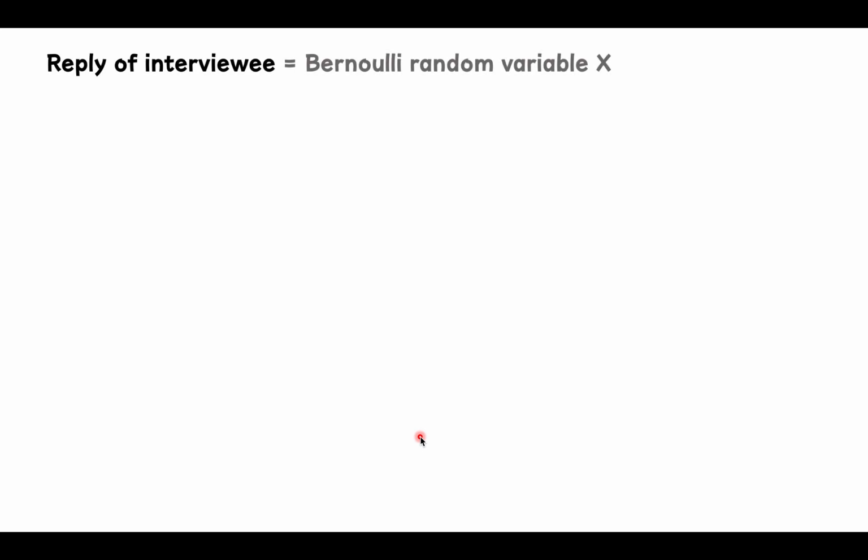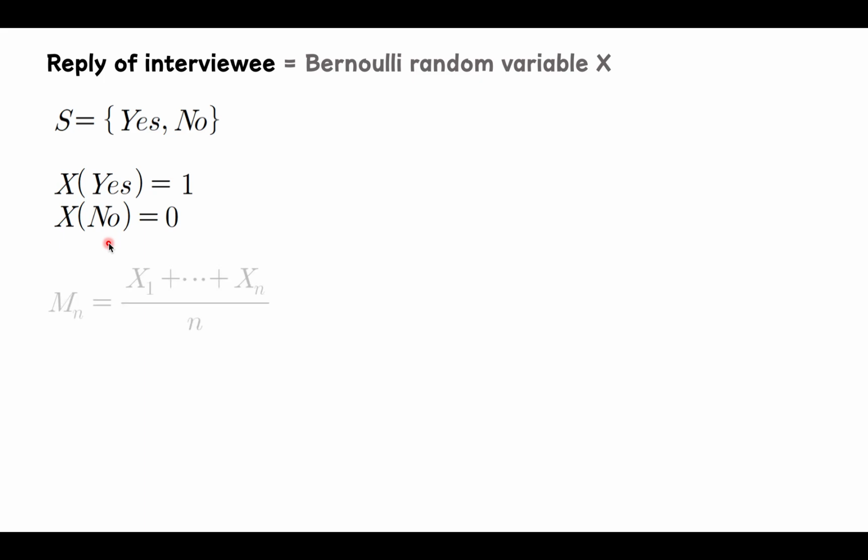First, the reply of each voter interviewed is a Bernoulli random variable, because the reply has to be one of two things, yes or no, and yes means he or she supports candidate A, and no is the opposite. And Mn can be expressed like this. Also, Mn is the estimate of P.